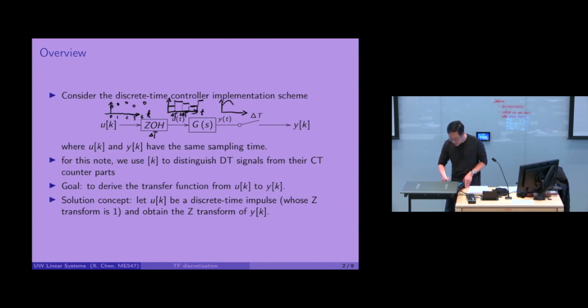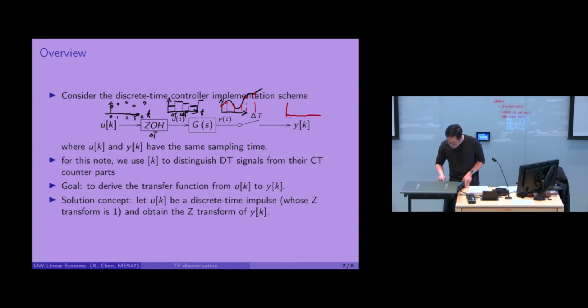Let's say it may have some shape like this. Then the sampler, y bracket k, will sample from the signal. Again, at discrete time instances, every delta t. That's the spirit over here.